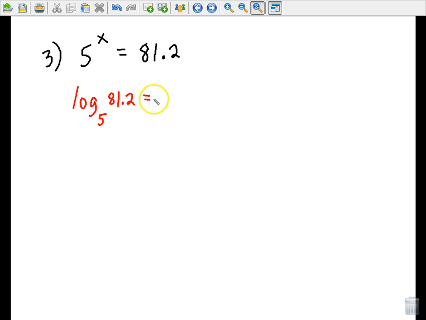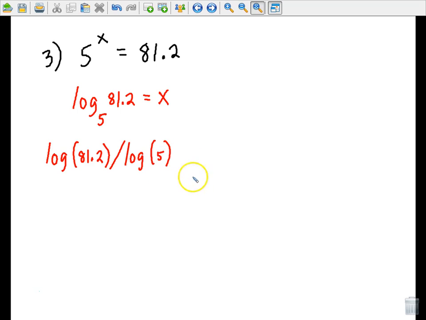Remember, logarithms are exponents. So when you're writing the log form, always let log equal the exponent. Now you're going to use that change of base formula again: log of the top number divided by log of the base.